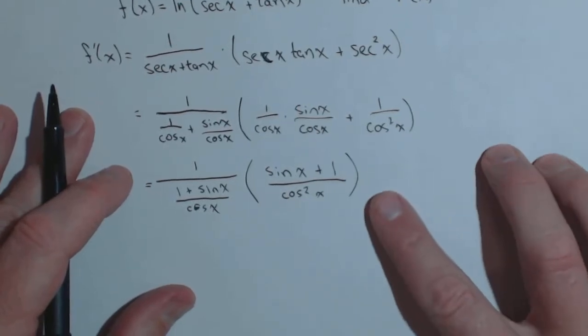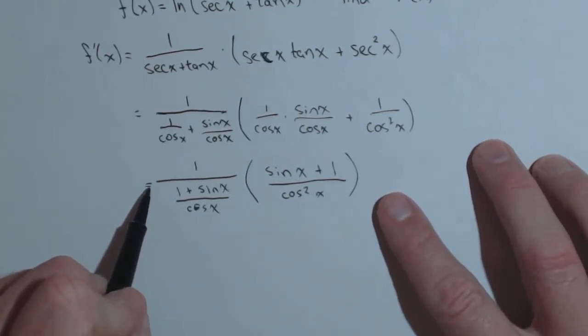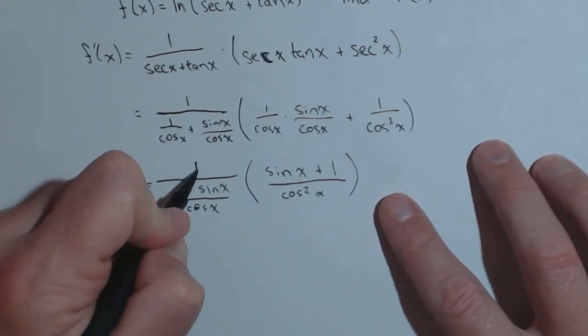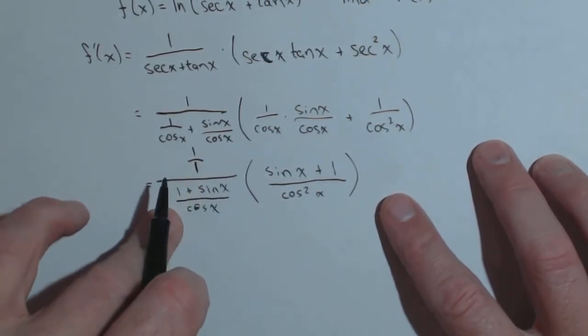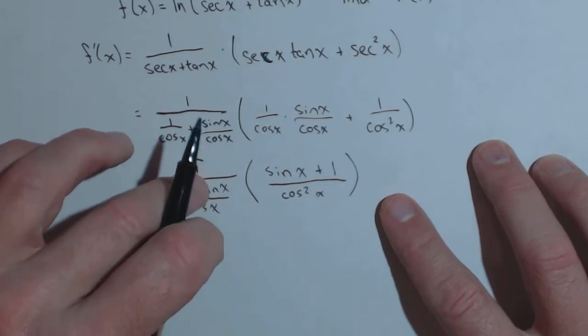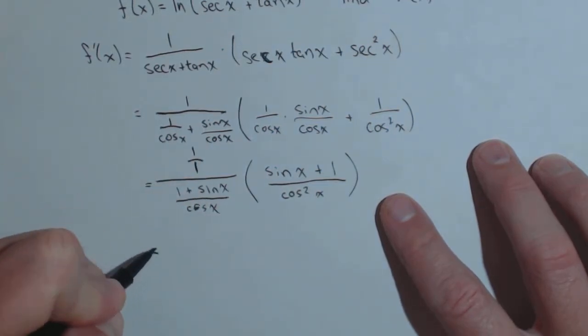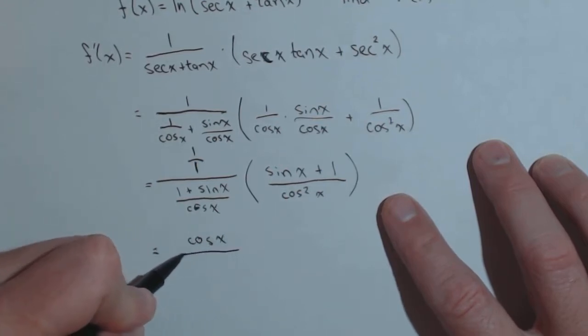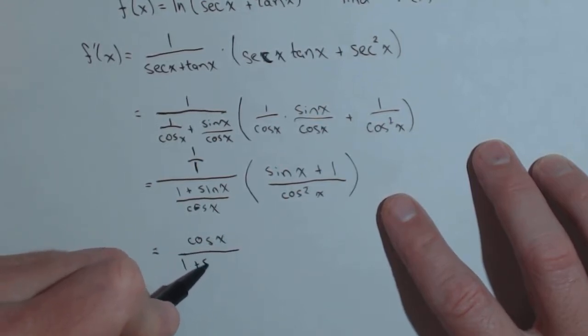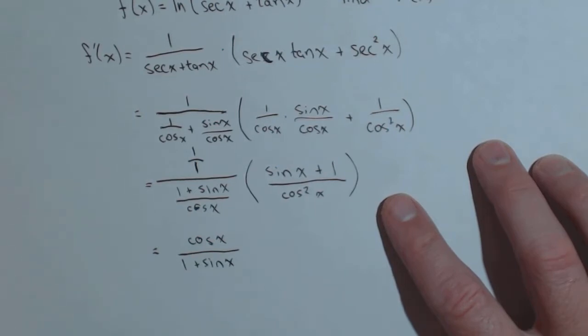All right. Now, this is going to be really nice, what's going to happen next, because notice that this is 1 divided by a fraction, or we can think of this as 1 over 1 divided by this fraction. Well, when we divide by a fraction, we flip it and multiply. So this part out front is actually just cosine of x over 1 plus sine of x.